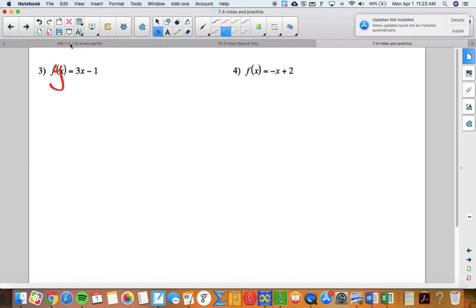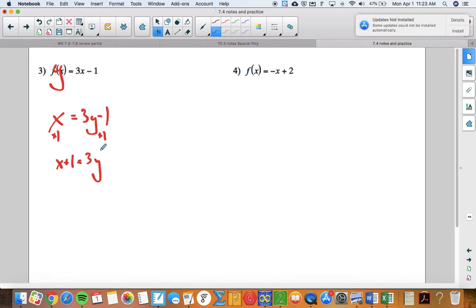Here's y. So substitute x in for y and y in for x. You're switching them basically. X equals 3y minus 1. And so we get y by itself. We undo subtraction first. We add 1. So we get x plus 1 equals 3y. Now y is getting multiplied by 3.